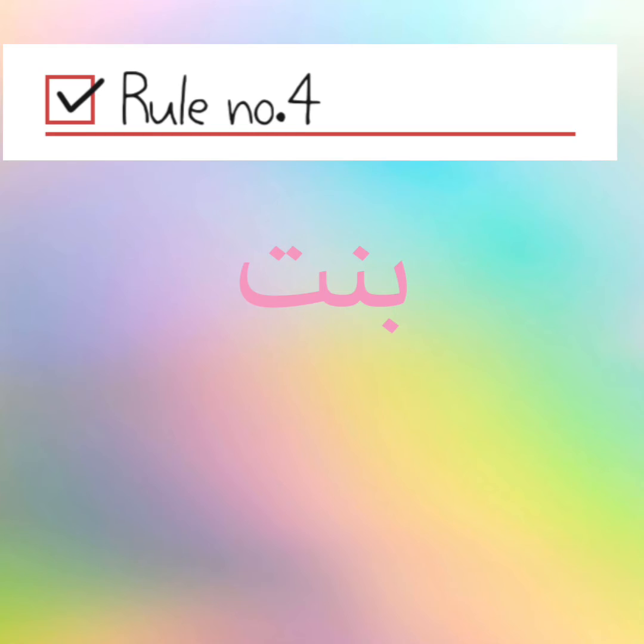Okay, so how do we say girl in Arabic? بنت. بنت means girl. And how do we make girl to girls in Arabic? But before going to the answer, let me introduce you to rule number 4.